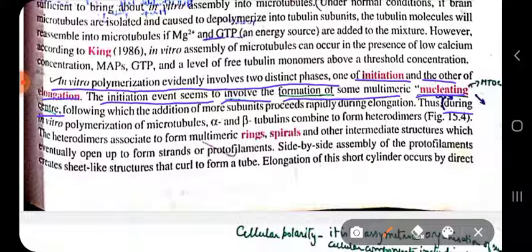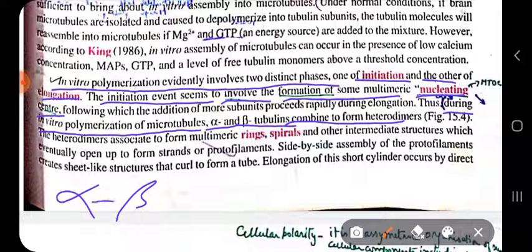During in vitro polymerization of microtubules, the alpha and the beta tubulins combine to form heterodimers. Initially, alpha tubulin and beta tubulin combine to form a heterodimer, and that is possible by phosphorylation of the tubulin monomers with the help of cyclic AMP dependent protein kinase, which helps in polymerization.